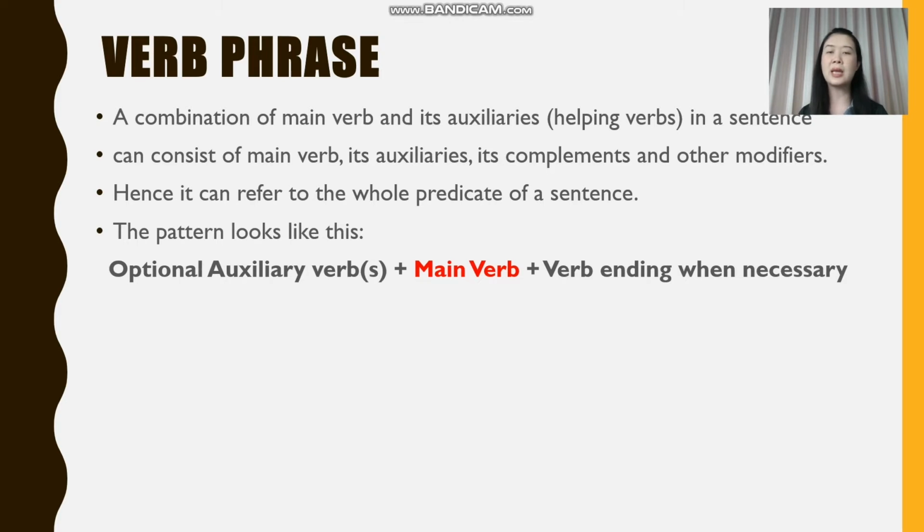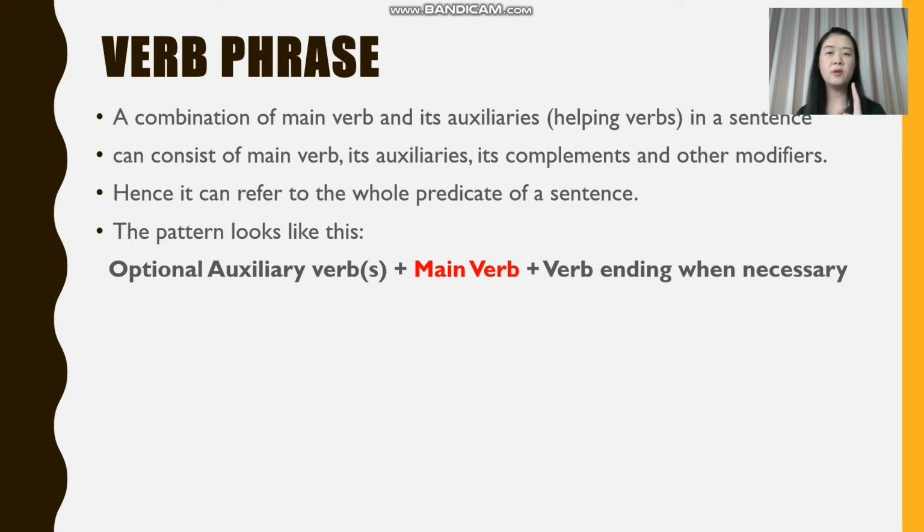We don't need do, does, or stuff like that if it's just a statement. But if we are using something like present continuous, yes, we need an auxiliary. What about the verb ending when necessary? It's possible to have an object in case your main verb is transitive or probably ditransitive.